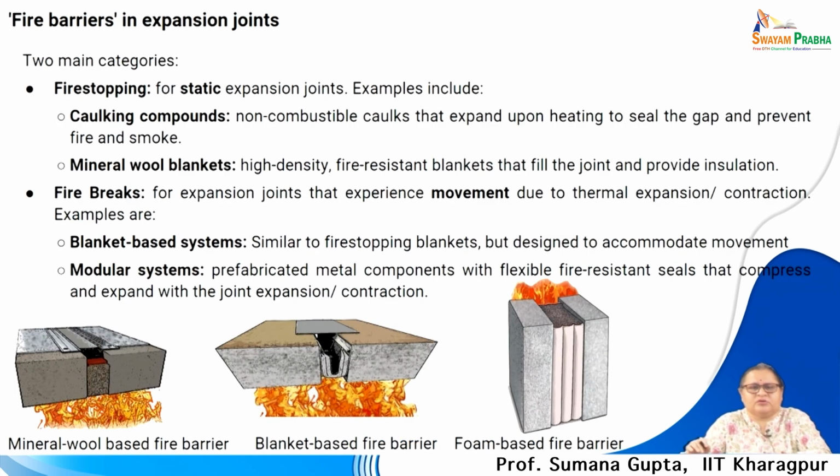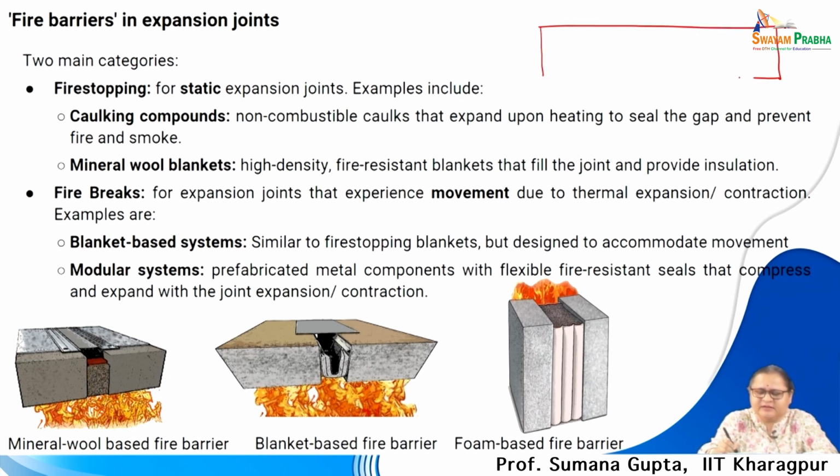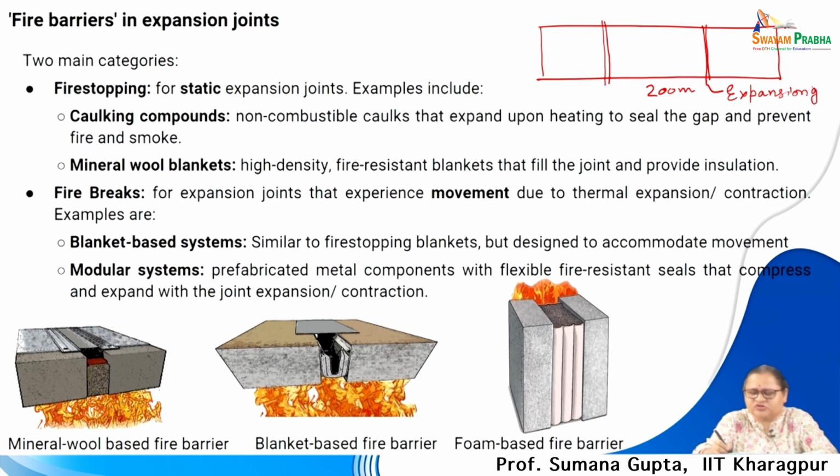So, if we have a building which is very large or very long, say an institutional building which is 200 meters long, these kinds of buildings will require, at every running length of 50 meters, something called an expansion gap or expansion joint.